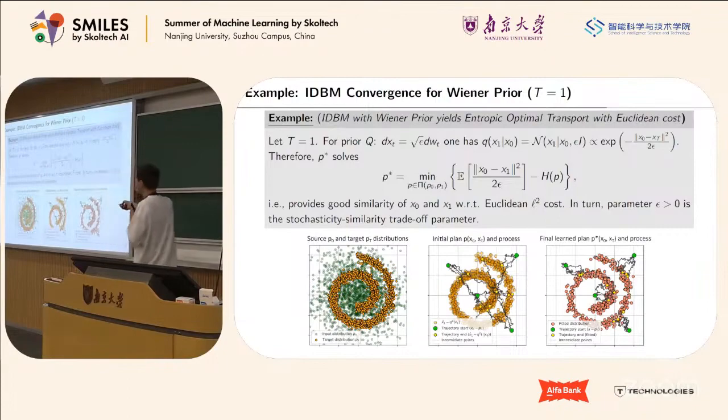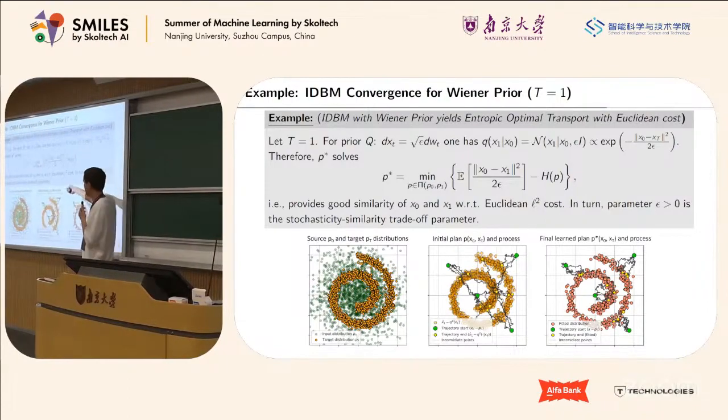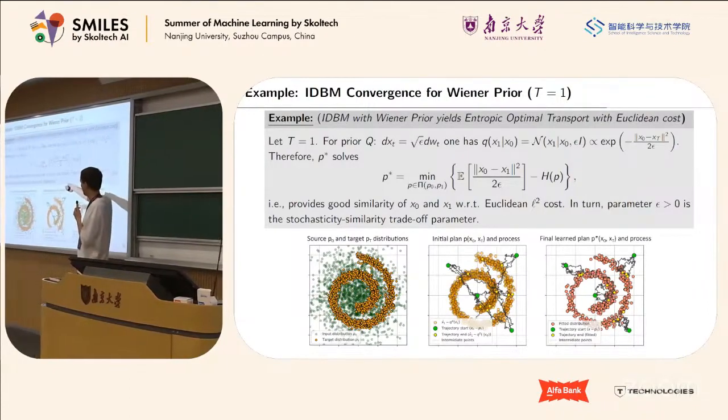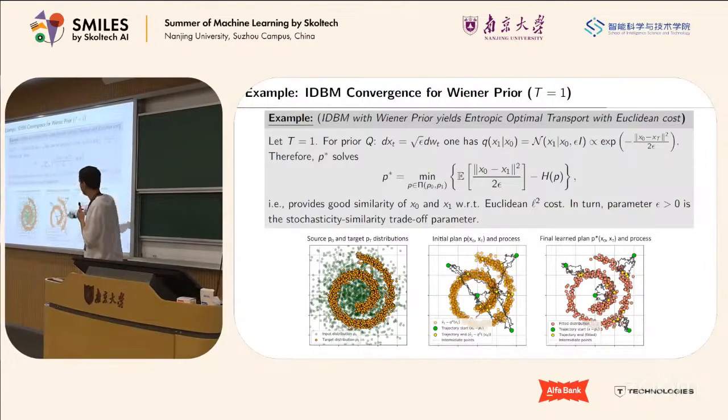So roughly speaking, we would like to find such a correspondence between input and target samples such that the target sample is as close as possible to the input sample in the sense of the L2 norm squared.